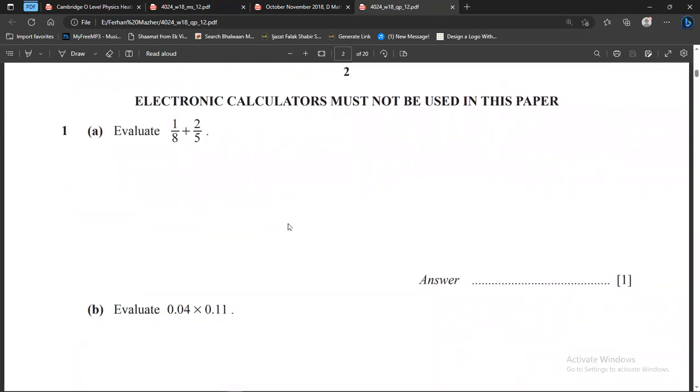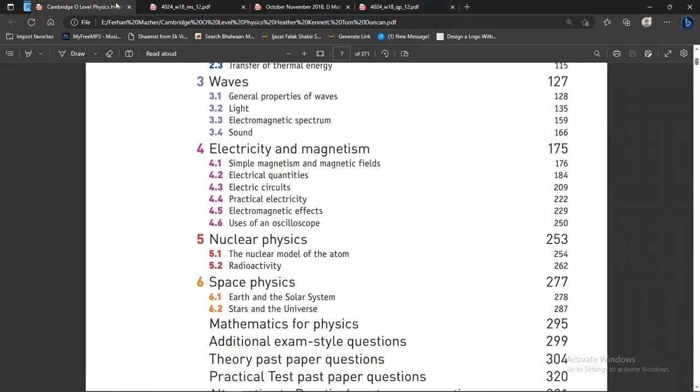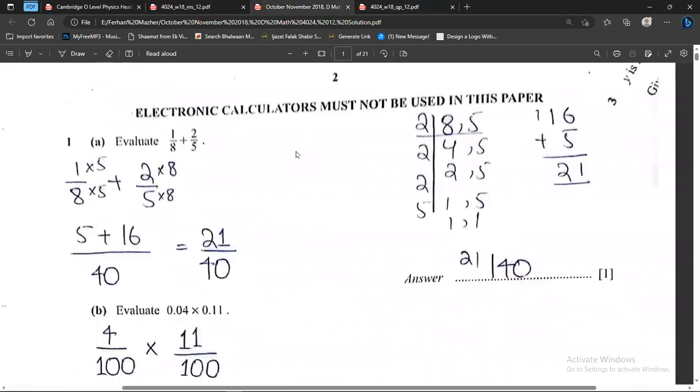Okay, question number 1. Here we have two fractions, 1 by 8 plus 2 by 5. We have to add them. So what we will do, we will take their LCM, and we will make their denominators the same.